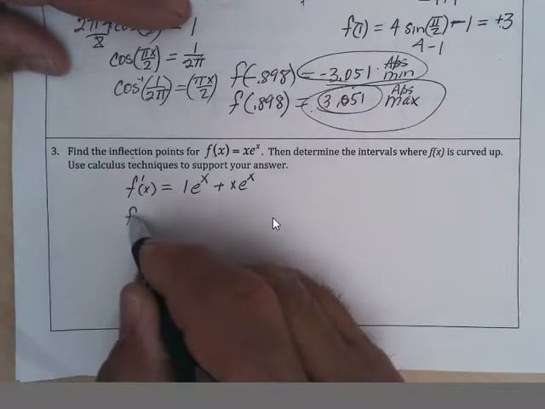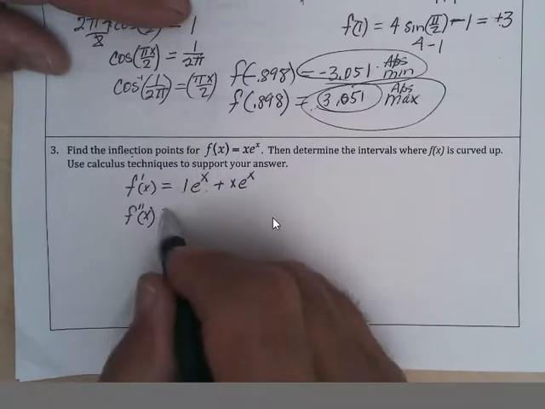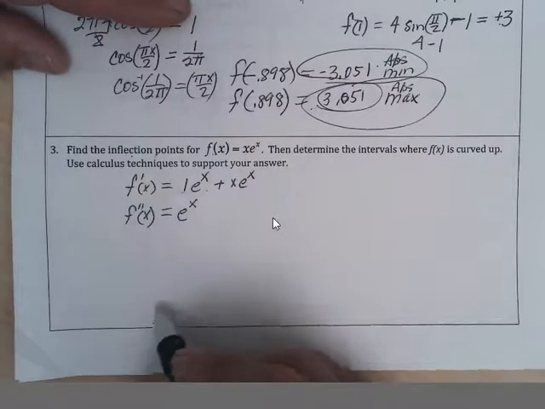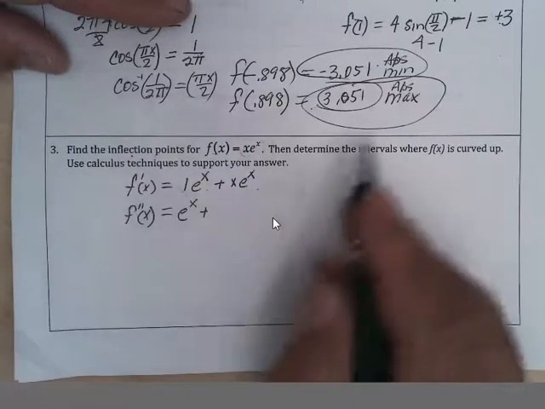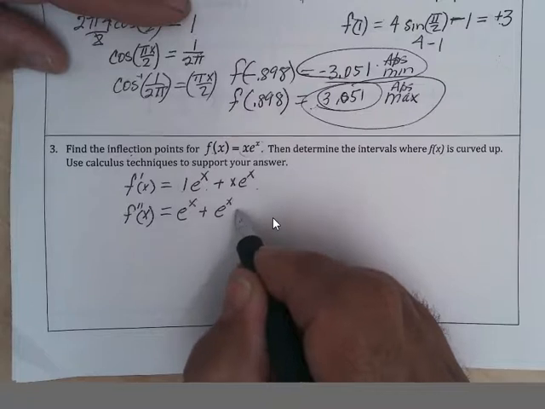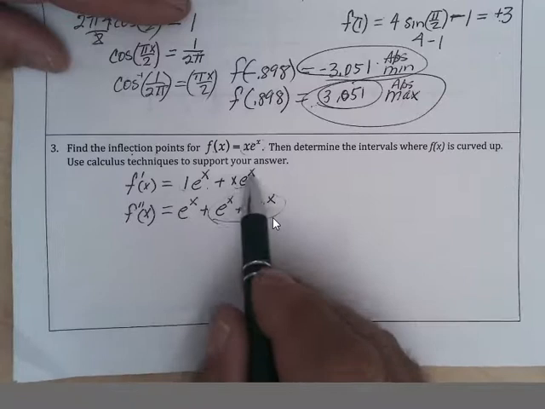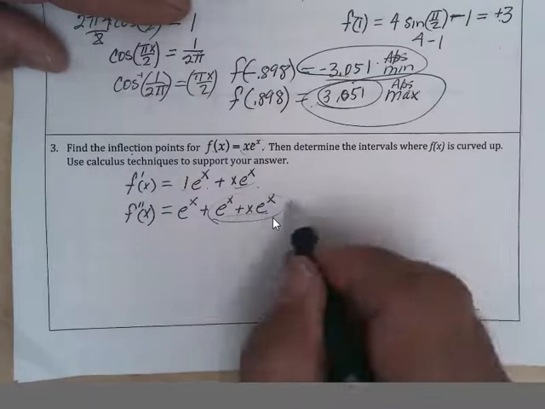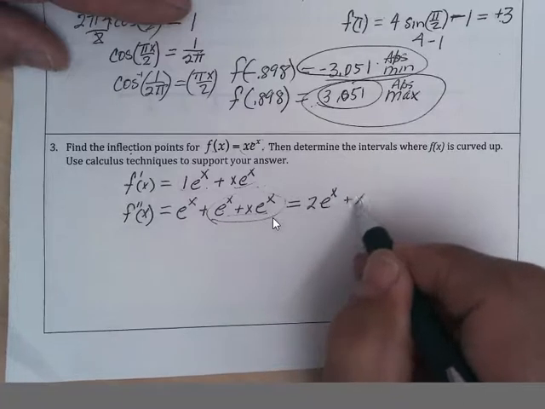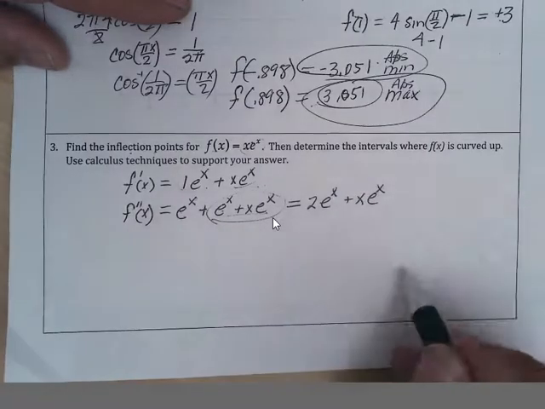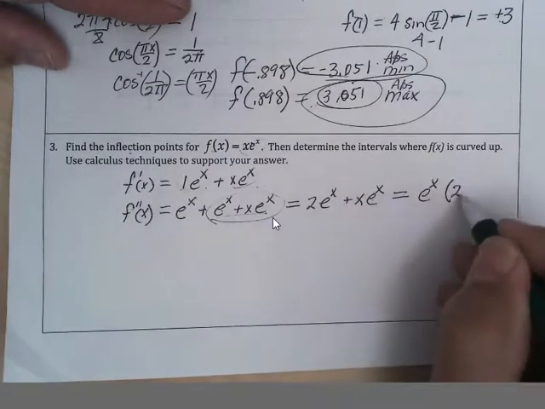Now if I do the second derivative, it's going to be the derivative of e to the x, which is e to the x, plus the derivative of x e to the x, which is what we just did. So it's going to be e to the x plus x e to the x, because this is the same as the original, which is 2 of these e to the x's plus x e to the x, and we could factor out an e to the x times (2 plus x).